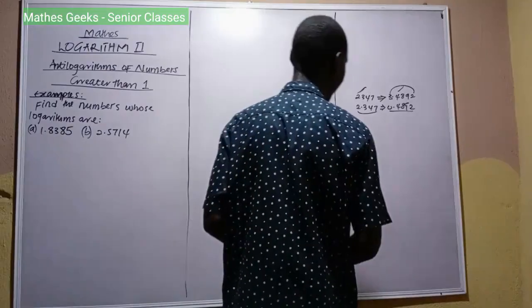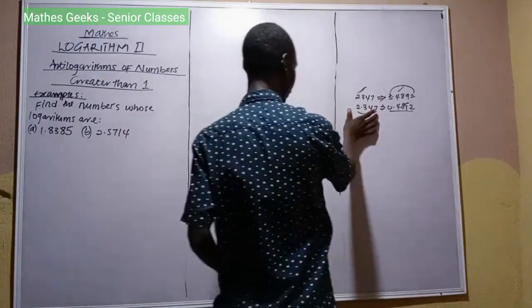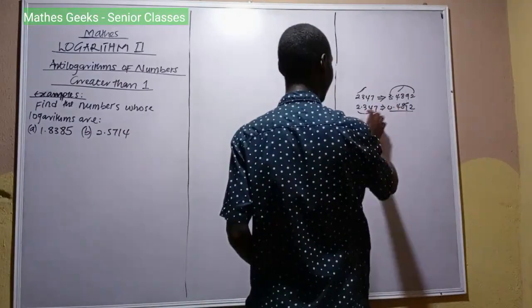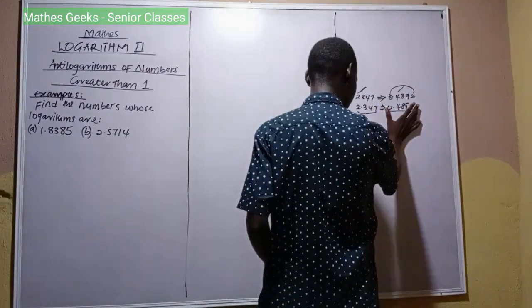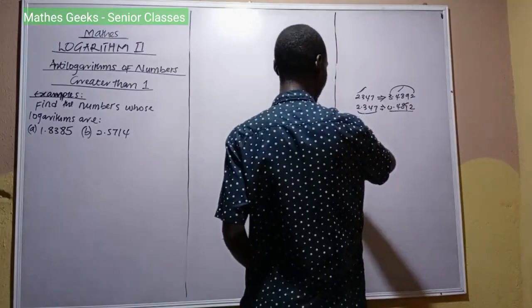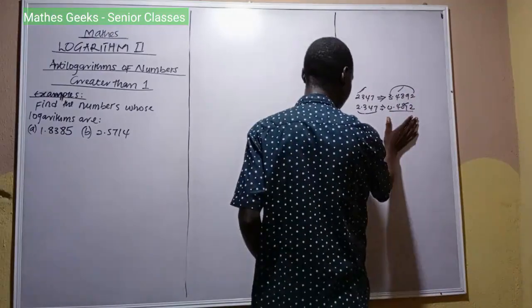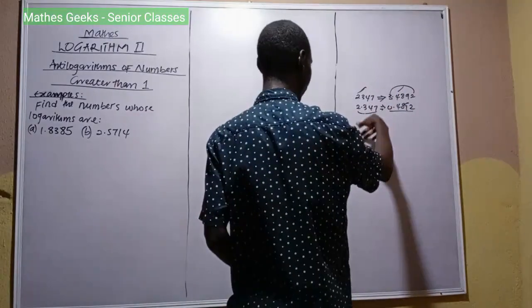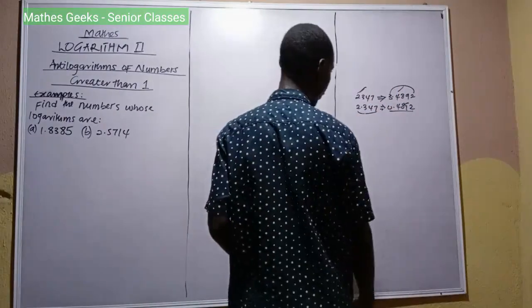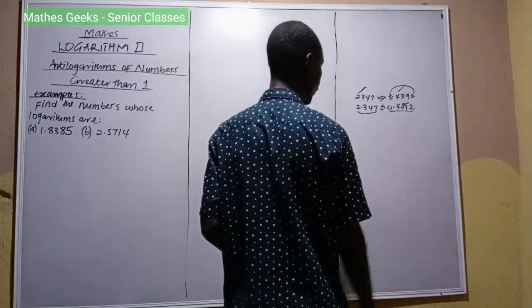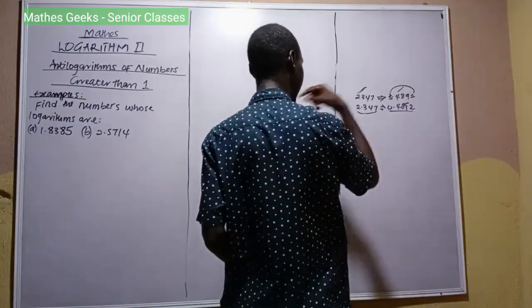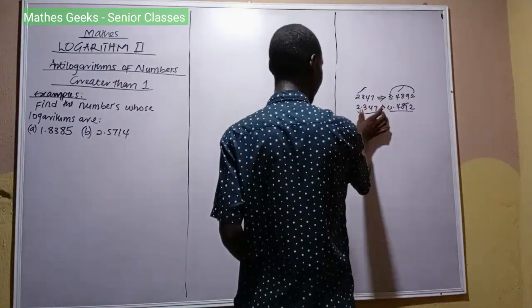So while at the beginning this is the natural number, and this is the logarithm value of this number, the anti-log is that this is the logarithm of a particular natural number. So you undergo the processes needed to get the anti-log of that natural number, and when you go through those processes, you get the natural number back, which is 2.347.